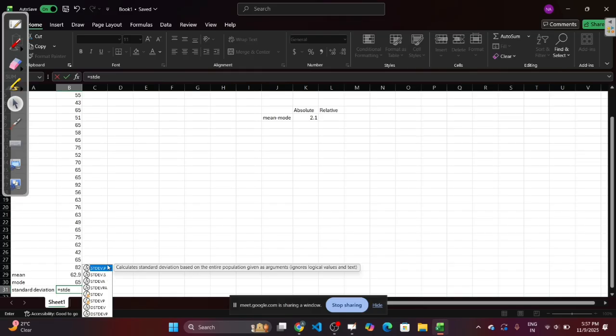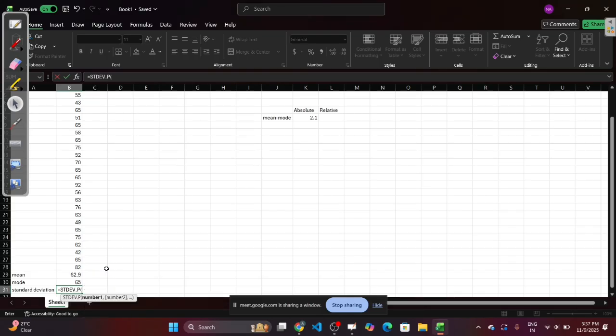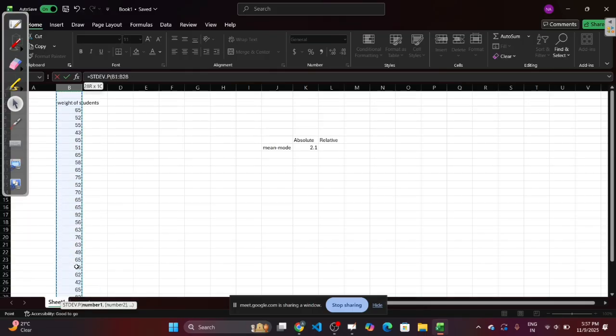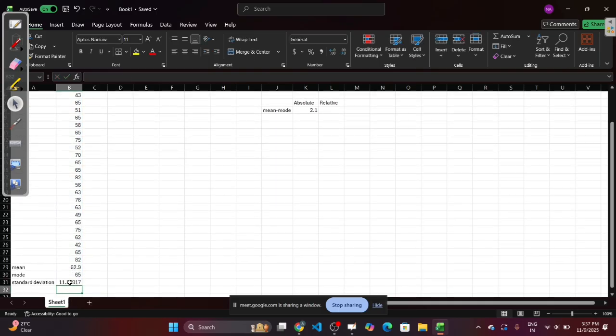Since we are not doing a sample study here, we will use dot P. Again select the range. Then enter. So standard deviation is 11.26. Let's fix it to 2 decimal places.